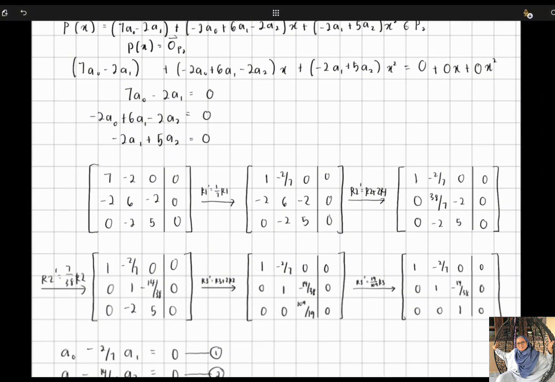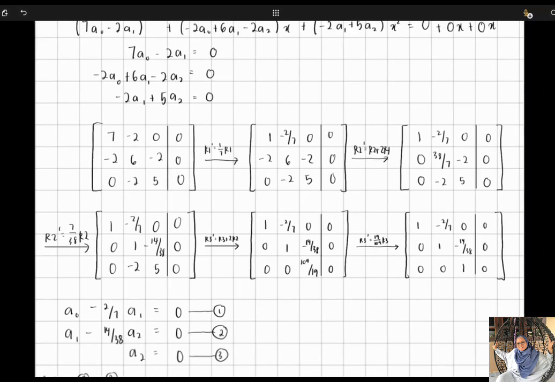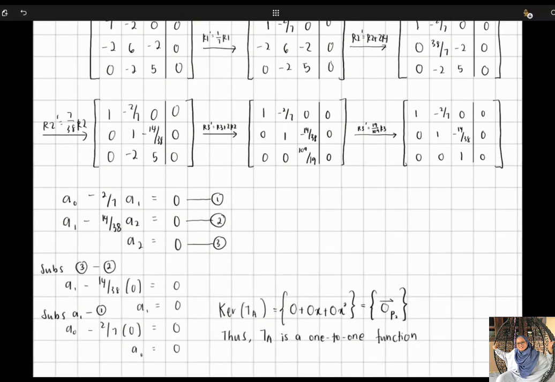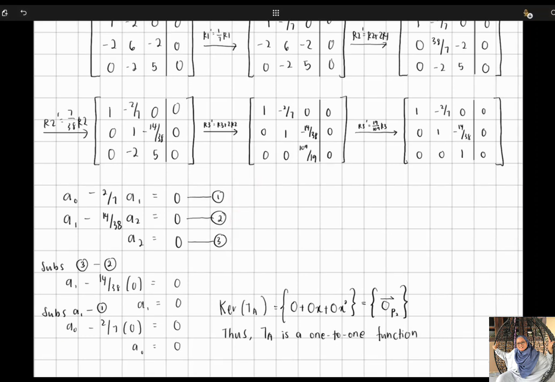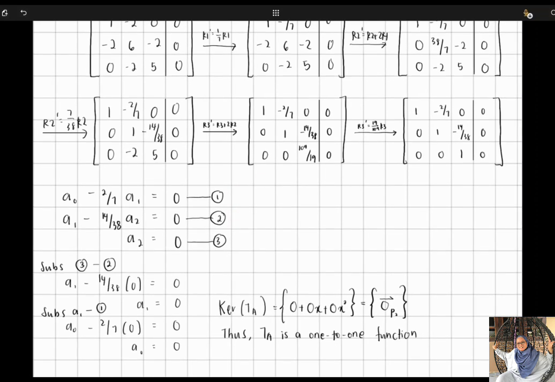Then we do ERO, and from the final answer of the ERO we get three equations, and the values of a0, a1, and a2 are equal to 0. Thus, the kernel of TA is 0 plus 0x plus 0x squared, which is the zero vector of polynomial P2. Since that, this shows that TA is a one-to-one function.